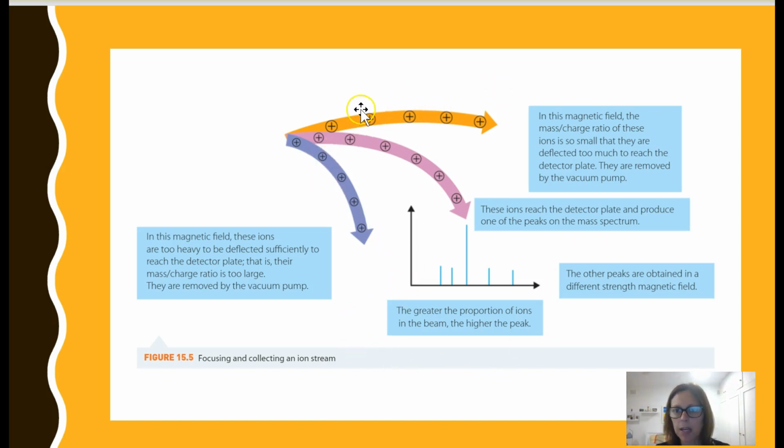These ones up here are so small that they are deflected too much, go off the chart, and are also removed by the vacuum pump. But these ones here actually reach the detector and will produce the peaks.